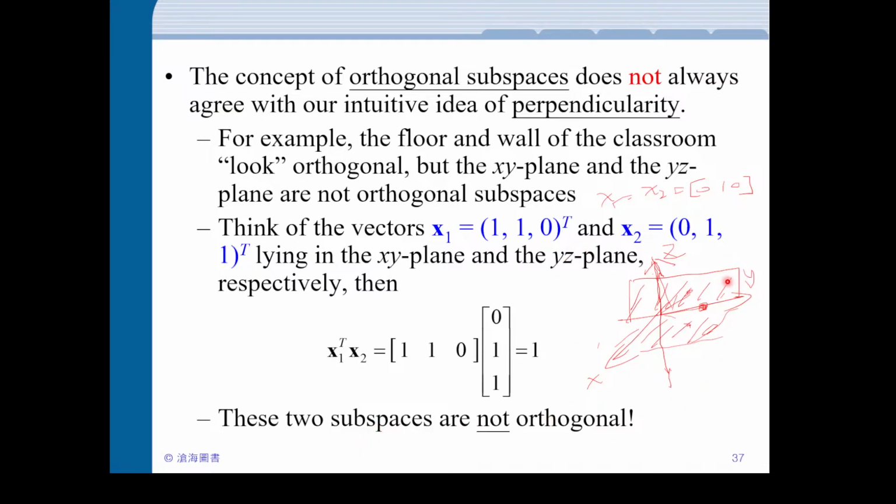Two planes are never orthogonal to each other, because you want everything inside the spaces to be orthogonal to each other. And so if these two planes have a non-trivial intersection, they will never be orthogonal to each other.